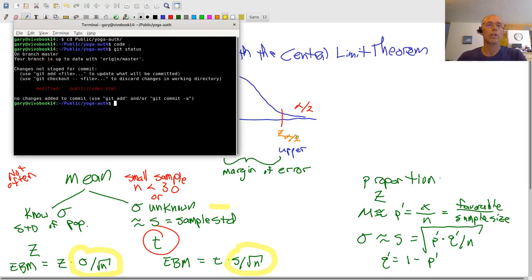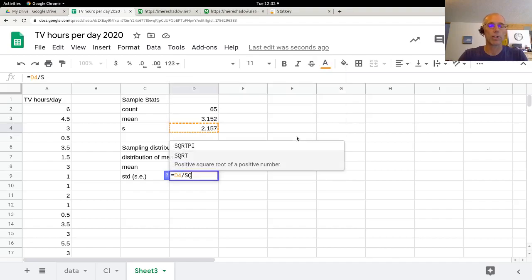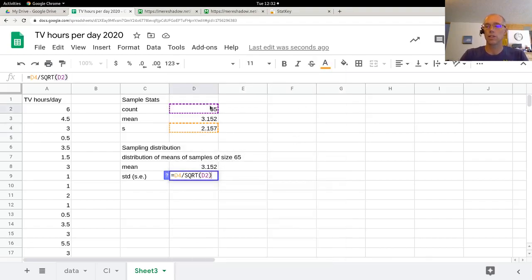So it equals the sample standard deviation divided by the SQRT of the sample size. Notice that the sampling distribution is going to have a much narrower spread, and I'll demo that in StatKey in just a minute, but that's what the central limit theorem says.